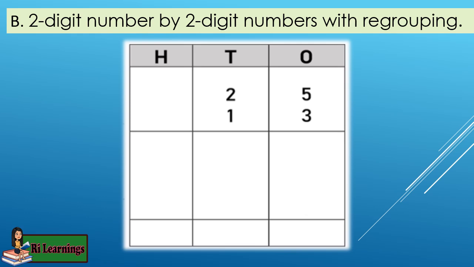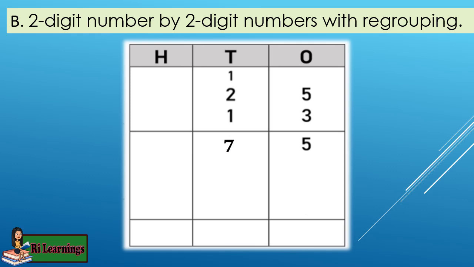Write the product with its rightmost digit aligned in the ones column. 5 times 3 equals 15. Carry over 1 in its tens place and bring down 5 in the ones place. Next. 2 times 3 equals 6. Add 1 equals 7. Step 3. Multiply the multiplicand by the tens in the multiplier.